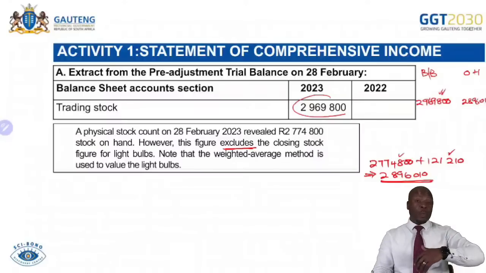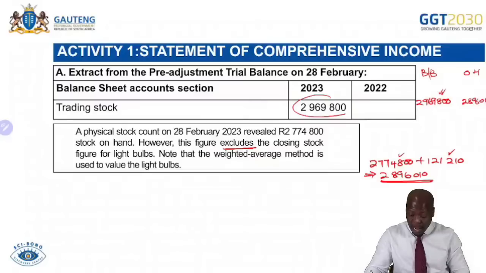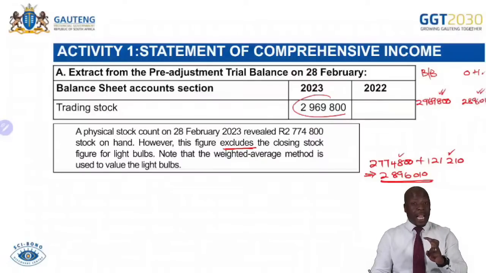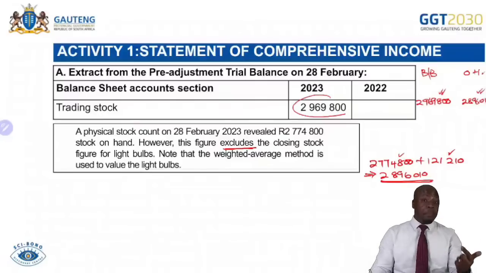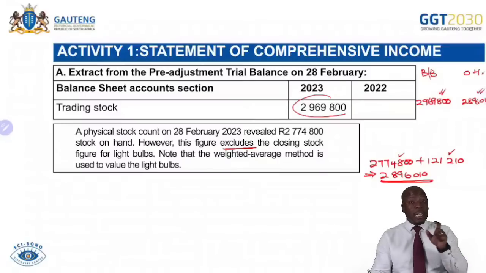We have stock according to the business records, but after a physical stock take, we realize stock on hand is 2,896,010. Therefore, these two amounts are not agreeing. We will now either have a trading stock surplus or a trading stock deficit.